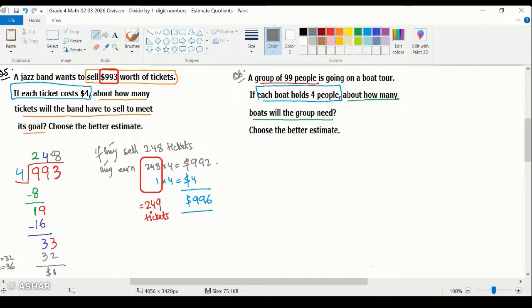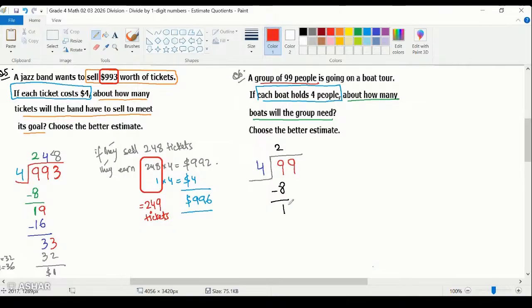So what we can say is if 99 was divided by the number of people per boat, right? We can say 4 times 2 is 8. Subtract, we are left with 1.